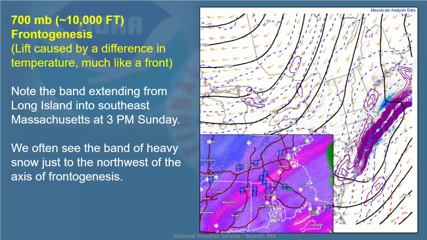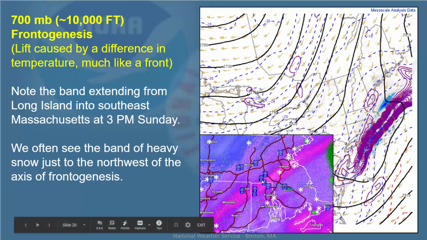And you can see, a lot of times, this was from the mesoanalysis page, which is off the Storm Prediction Center. Notice you see the strongest 700 millibar frontogenesis right across the Cape and Islands. But the heaviest snow is displaced northwest of there.